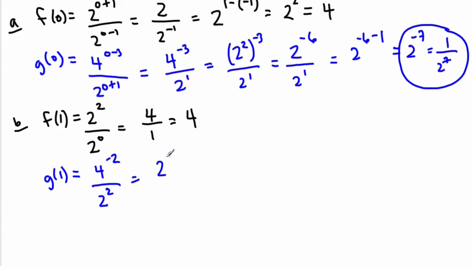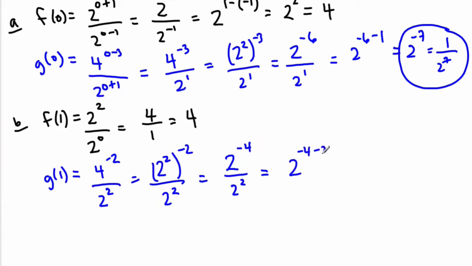So that's 2 squared to the minus 2, all over 2 squared. Powers to powers, that's 2 to the minus 4, all over 2 squared. And now we can subtract their exponents. So we have 2 to the minus 4 minus 2, which is 2 to the minus 6, or 1 over 2 to the 6.